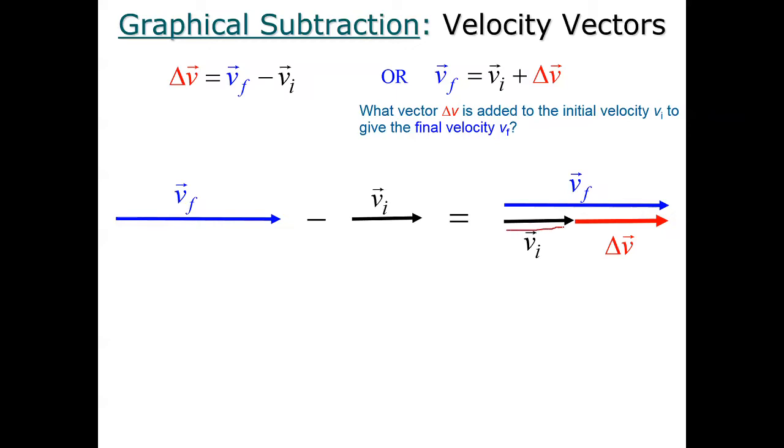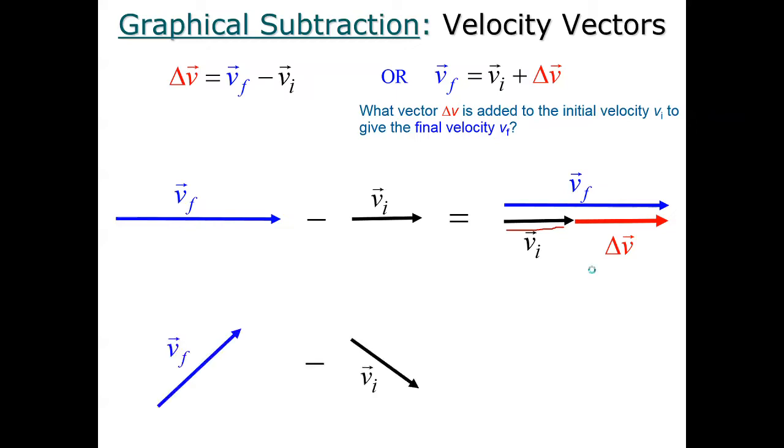Here we have our initial velocity, here we have our final velocity, so A plus B is equal to C. This is something we're going to want to be able to do, because if we want to know acceleration, we're often going to need that change in velocity. So we go from the head of the initial to the head of the final. That gives us the delta, the change in velocity.